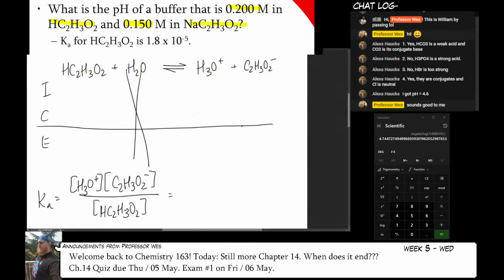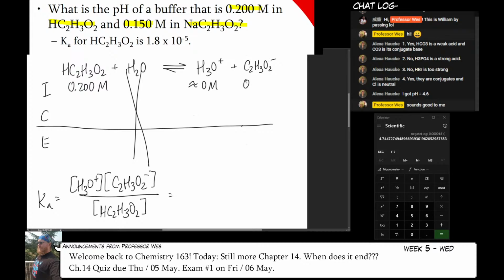All right, so let's go over here. I'm just reusing the table that I had from before, and we're going to just enter in the numbers. So for my acid, I have 0.200. I have essentially no hydronium before the reaction occurs.